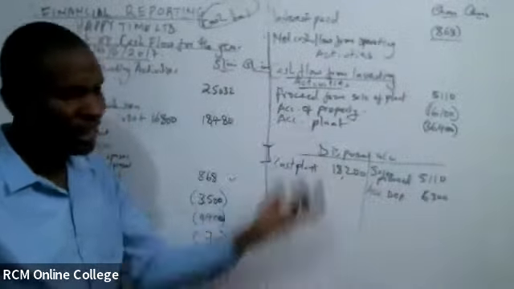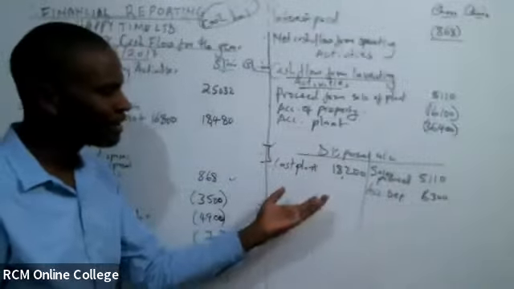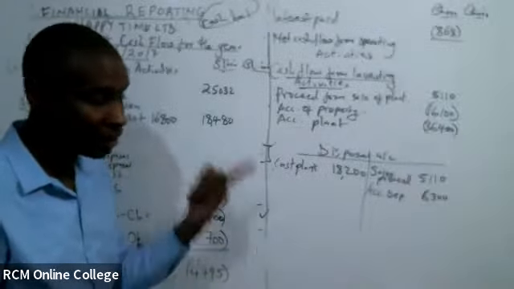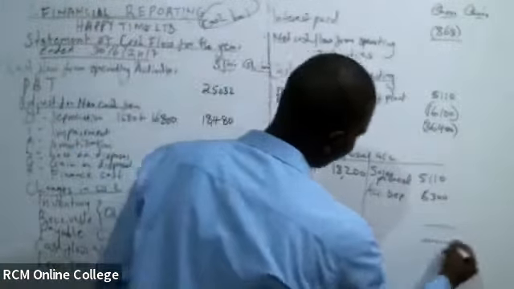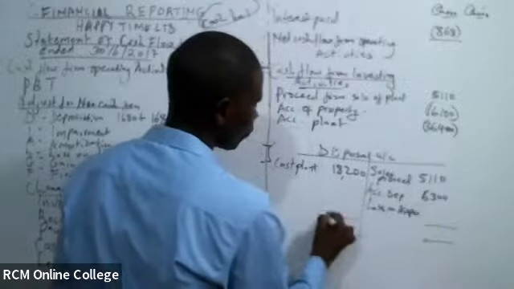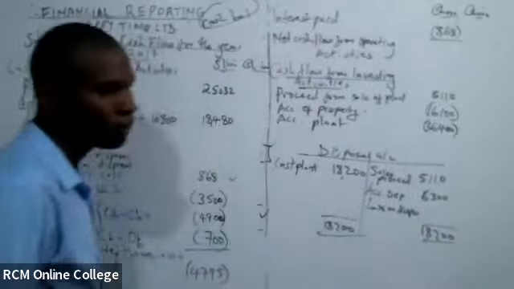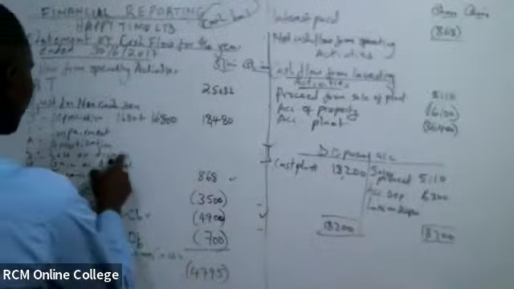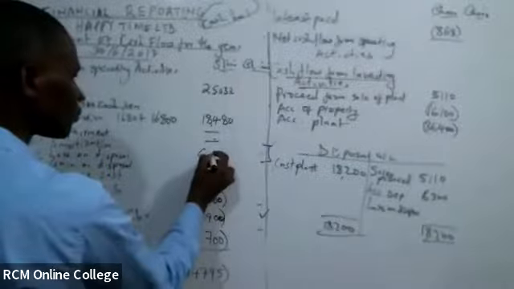Now, the balancing figure here will show, because I can see this is more than these two, the loss that we incurred on disposing this item, the loss on disposal. So tupate hiyo loss on disposal, hapa niko na 18,200. Loss on disposal 67. So hatuna impairment, hatuna amortization, tuko na loss on disposal of 67.